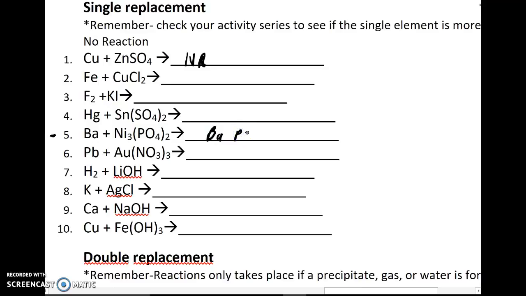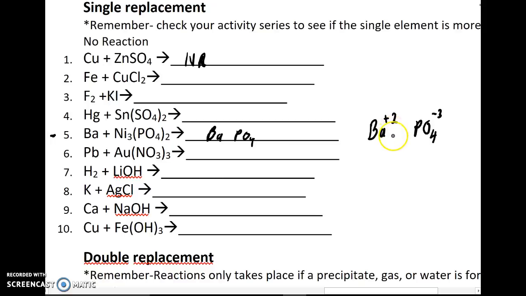bound to phosphate. And this is extremely important. This is no different than formula writing. This is formula writing. I have to write the correct formula for barium phosphate. So barium, if I look at the periodic table, has a positive 2 charge. And phosphate, if I look on my polyatomic ion reference sheet, has a negative 3 charge.